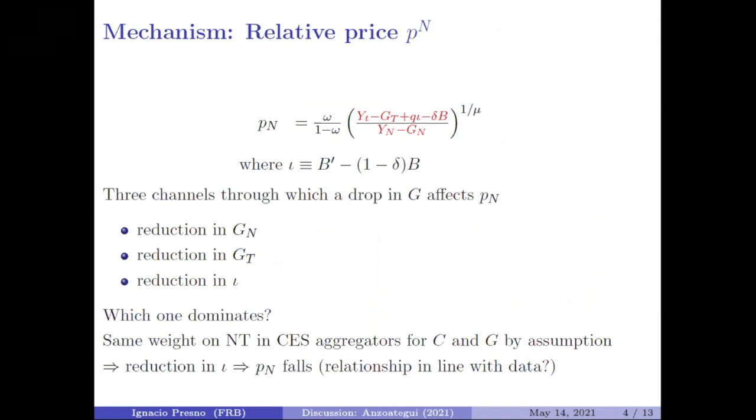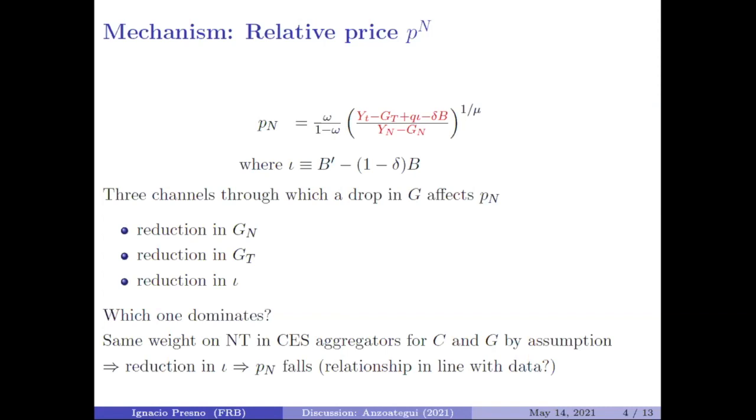Now, the key question is which one dominates. Given the assumption of same weights on non-tradables in the CES aggregators for private and public spending, to a first order approximation, the one that dominates is the reduction in debt issuance.